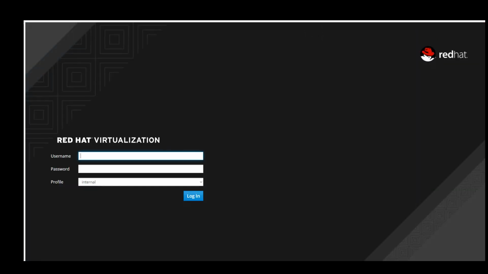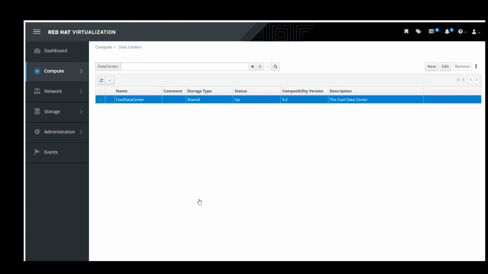If we come up here to Red Hat Virtualization, this is the Rev side. If I can remember the password. So we can log in and actually watch the new VMs be created.